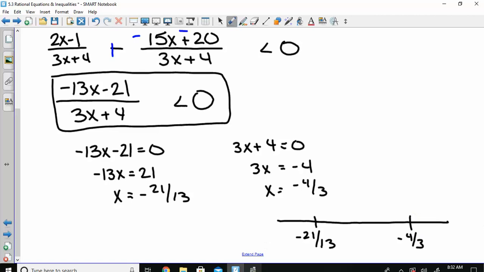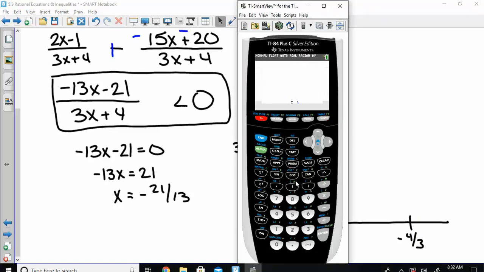Then you can pick points or graph it. When you graph, make sure you use parentheses on top and bottom. So I can see it's negative, then positive, and then negative again.